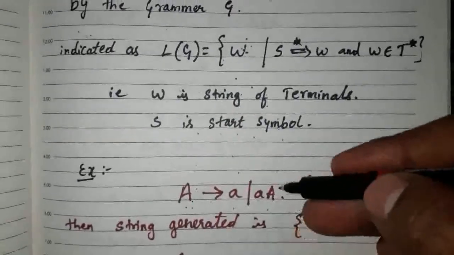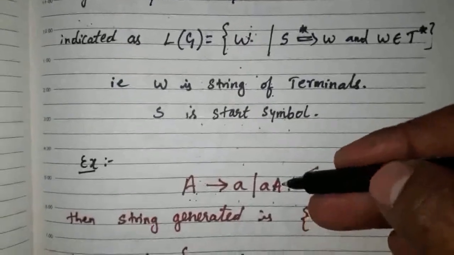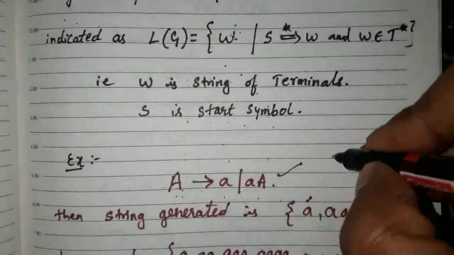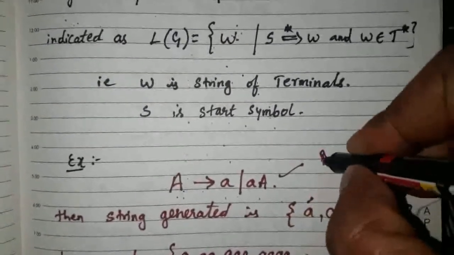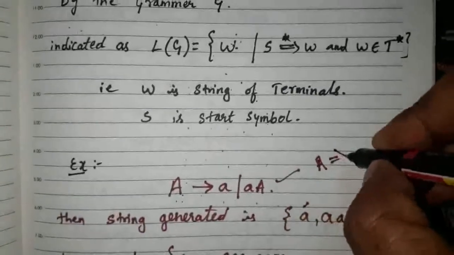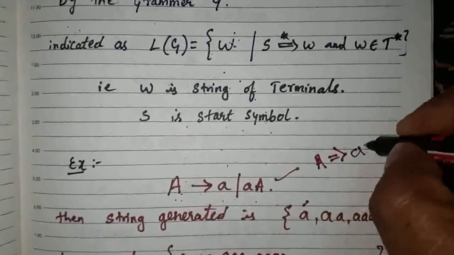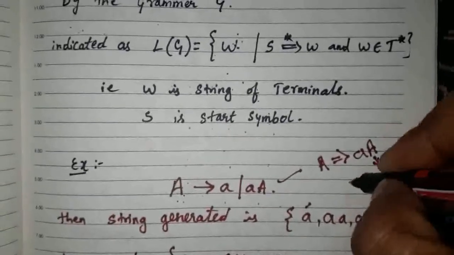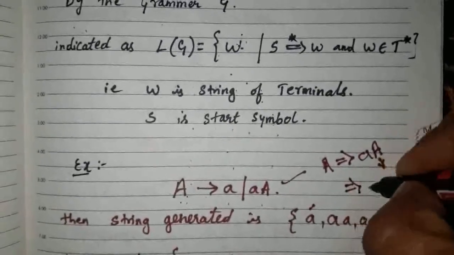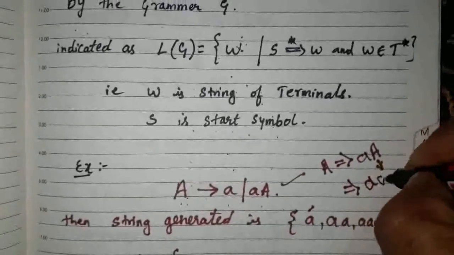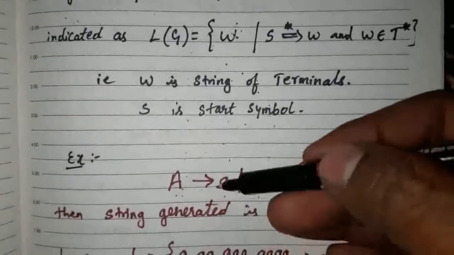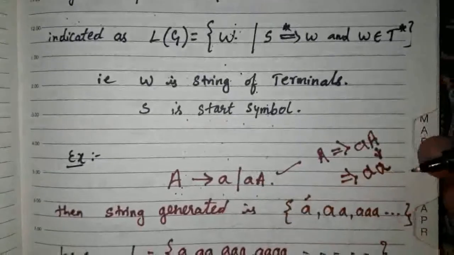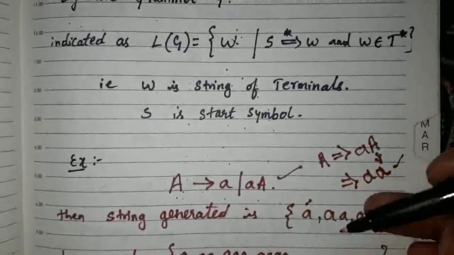Then if I go for the second derivation, A tends to AA, where each A can be replaced with small a by using the other definition. So the string obtained is aa.